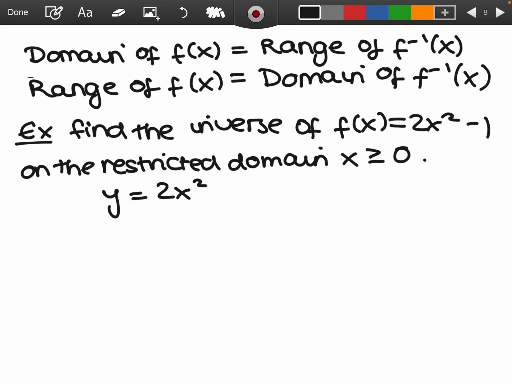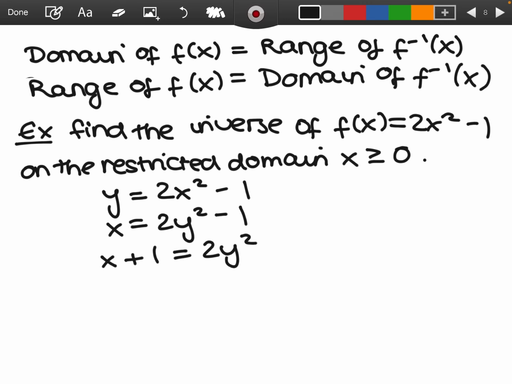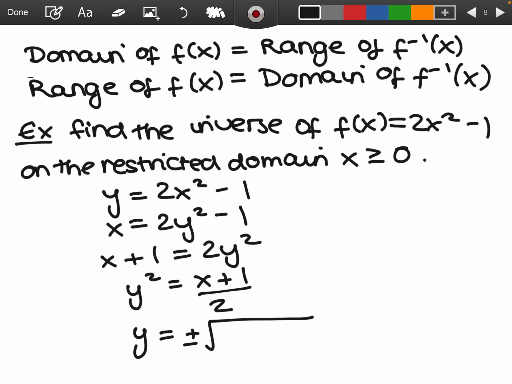So again, we're going to try and find the inverse of this. So y is equal to 2x squared minus 1. I switch x and y. And now I'm going to solve for y. Okay.